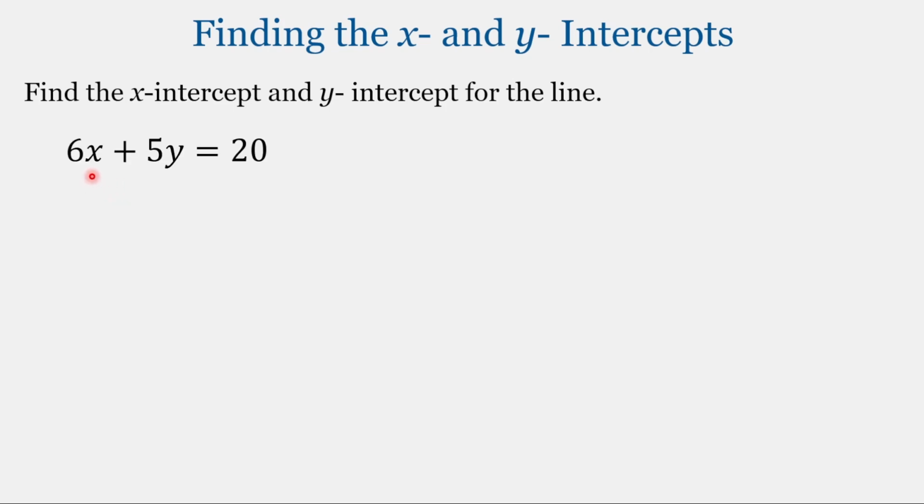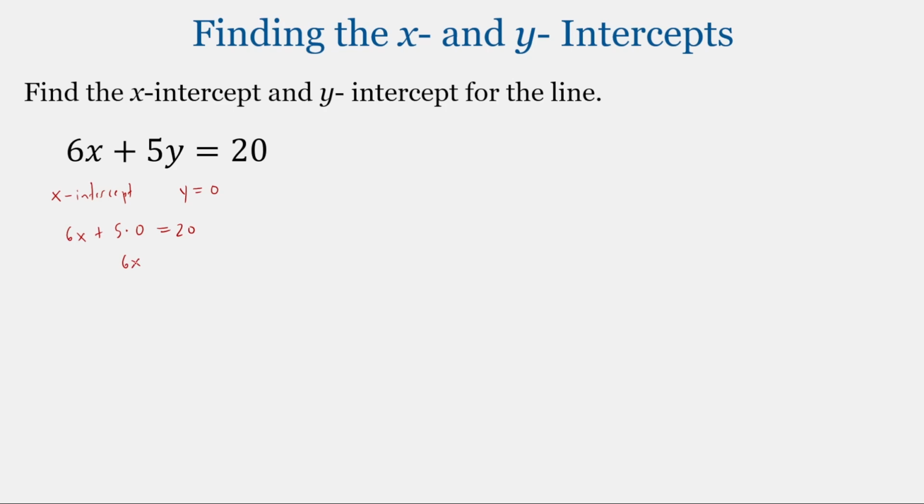And then finally, we have the linear equation 6x plus 5y equal to 20. And to find the x-intercept, for all x-intercepts, the y value will be 0. So we now have 6x plus 5 times 0 is equal to 20.